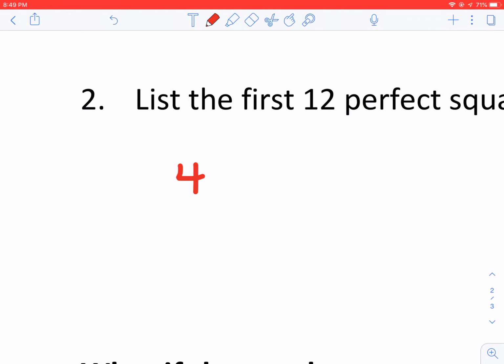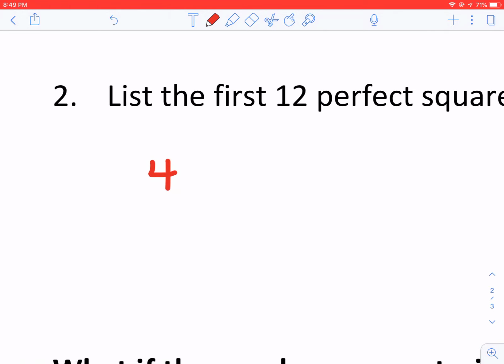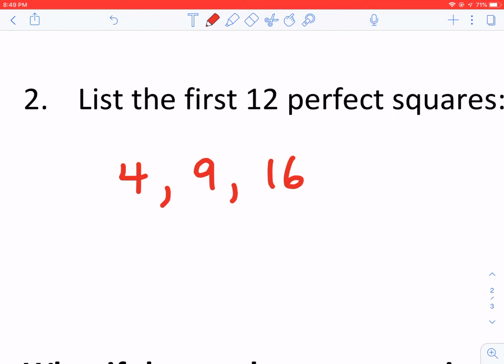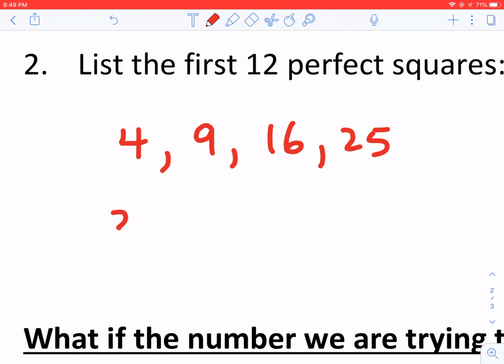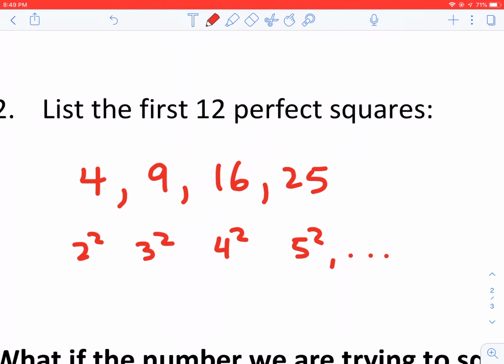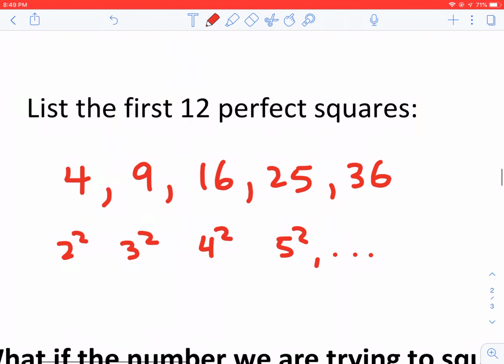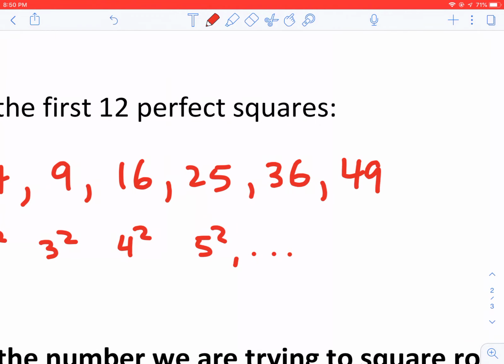Then we can take the square root of 9, because 3 times 3 is 9. And then it's 16. And then it's 25. Right? So all these numbers are just coming from 2 squared, 3 squared, 4 squared, 5 squared, etc. So these numbers here are perfect squares. Right? These are numbers that have a nice square root.